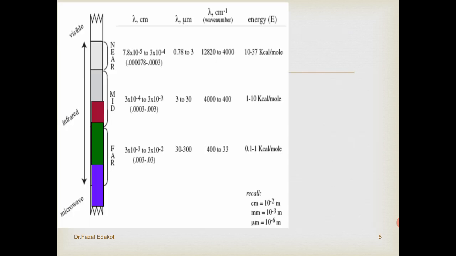If you talk about the infrared, this is the infrared spectrum. You can see that this is visible and microwave, and in between the infrared comes. You have already learned the theoretical part of vibrational radiation. If you recall, the near infrared can excite overtones and harmonic vibrations of molecules.